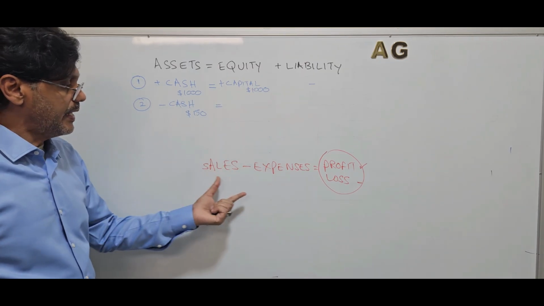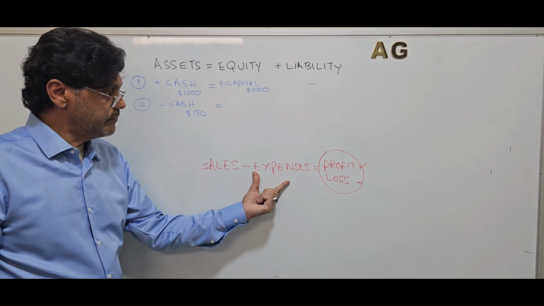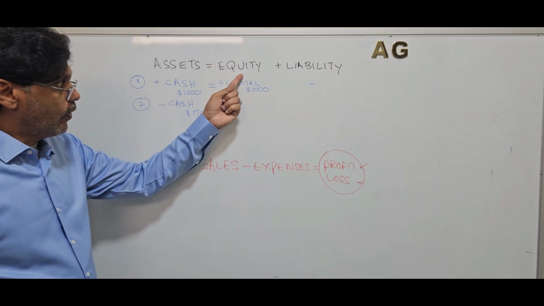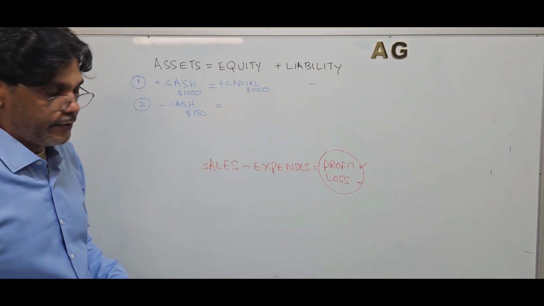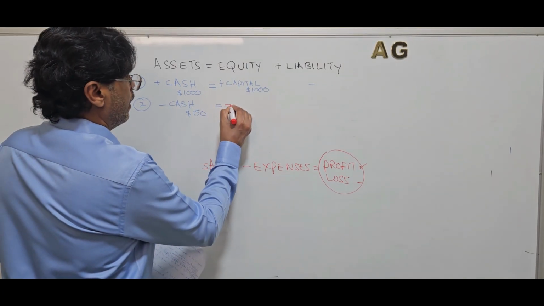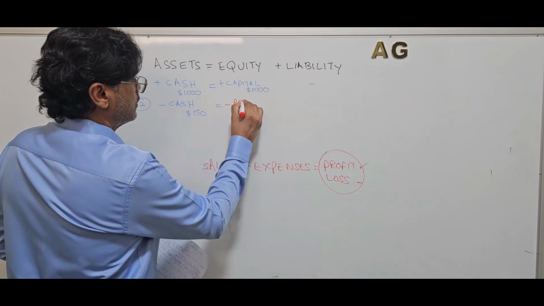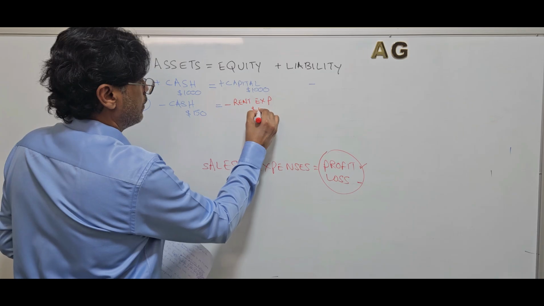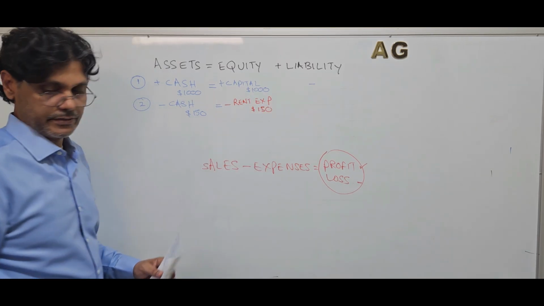Now, rent is an expense. Expense will reduce the profit. As a result, your equity balance also will reduce by $150. So this is rent expenses, $150.